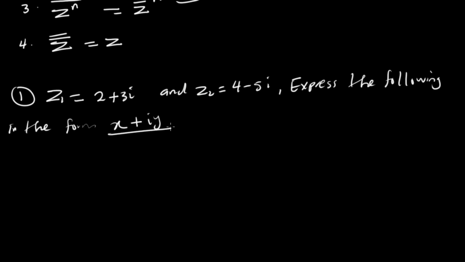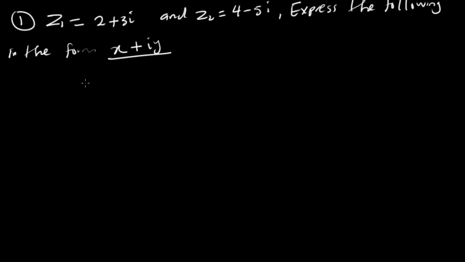And this is very important: whatever we are going to do, we have to express it in the form x plus iy. Now, this is the first expression: 5 multiplied by z1 plus 3 multiplied by z2, squared. And the second one is z1 over z2, and find the complex conjugate.